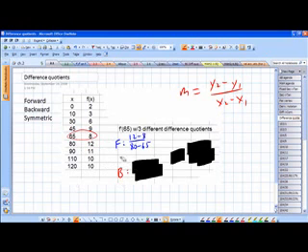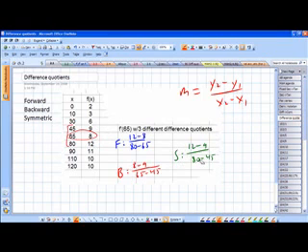The backward difference quotient would be going backward along x, so it would be these 2 points here. That's 8 minus 9 over 65 minus 45. And the symmetric difference quotient is going in both directions. So you use the outer points, 12 minus 9 over 80 minus 45. Those are the difference quotients.